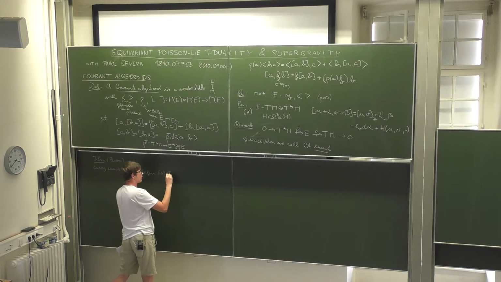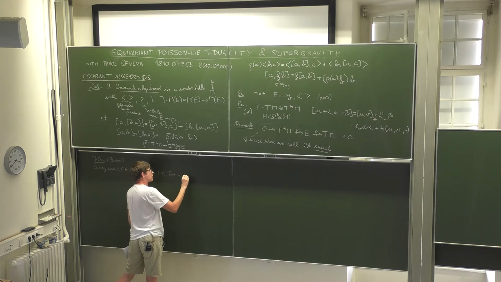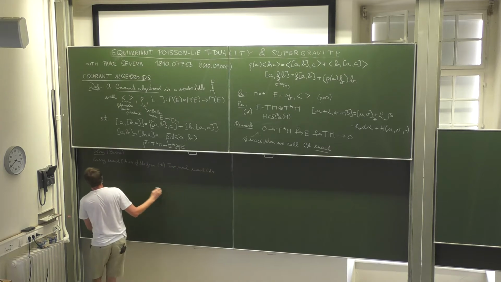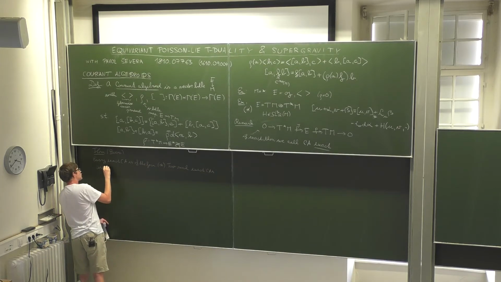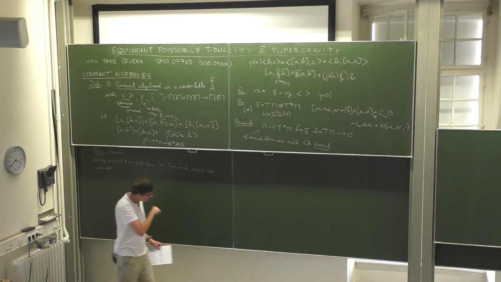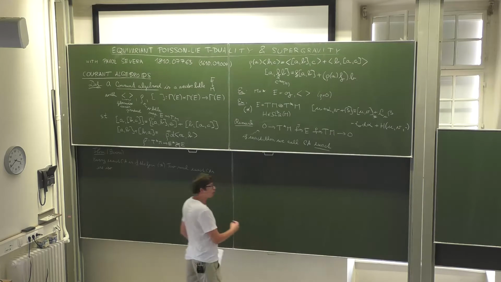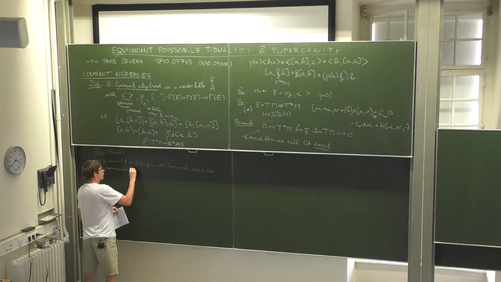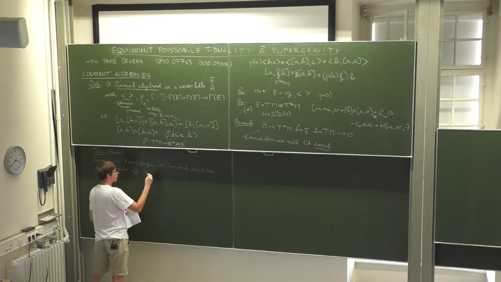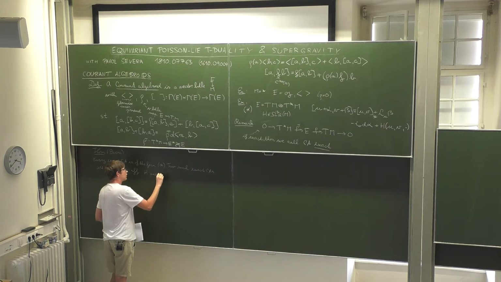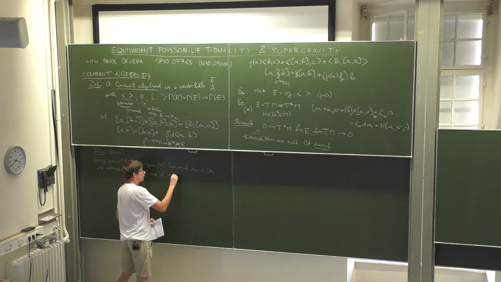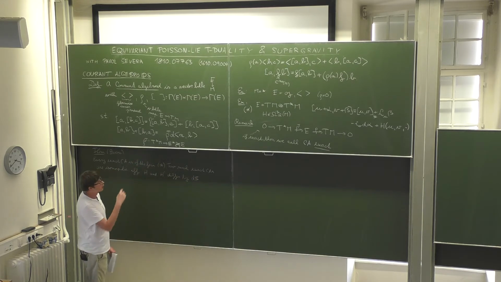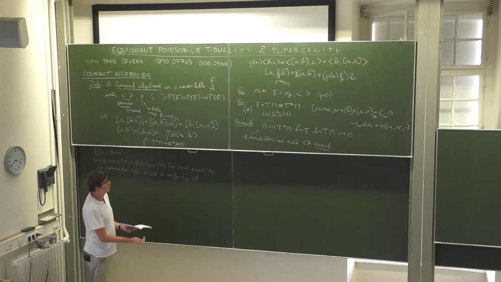And moreover, two such exact Courant algebroids are isomorphic if and only if the corresponding three-forms are cohomologous, that is, H and H prime differ by some dB. So as a consequence, the exact Courant algebroids over a given manifold M are classified by the third cohomology class.